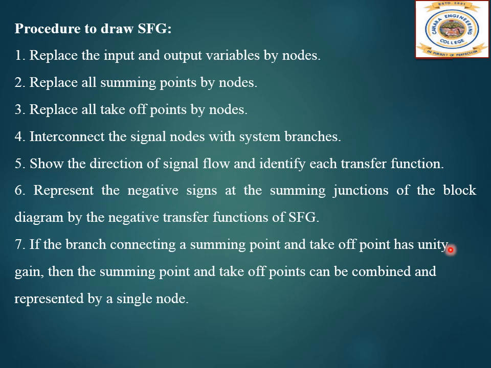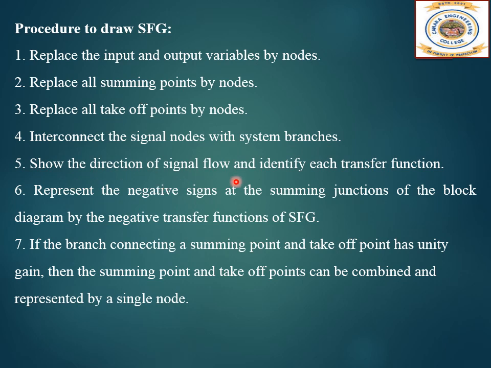While working out the numericals, I will explain in detail how to draw signal flow graphs from the given block diagram. First, replace the input and output variables by nodes. Second, replace all summing points by nodes. Third, replace all takeoff points by nodes. Interconnect the signal nodes with the system branches.